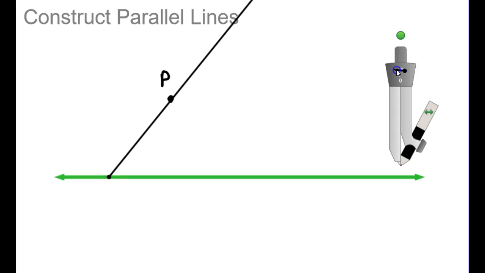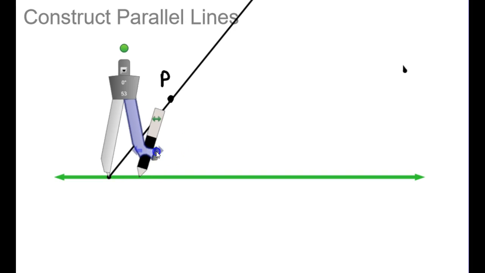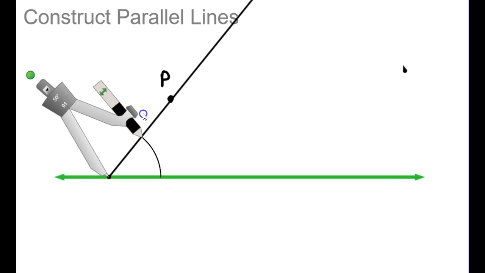Now I'm going to use my compass, move it over onto that vertex, that intersection, extend out, and construct an arc.